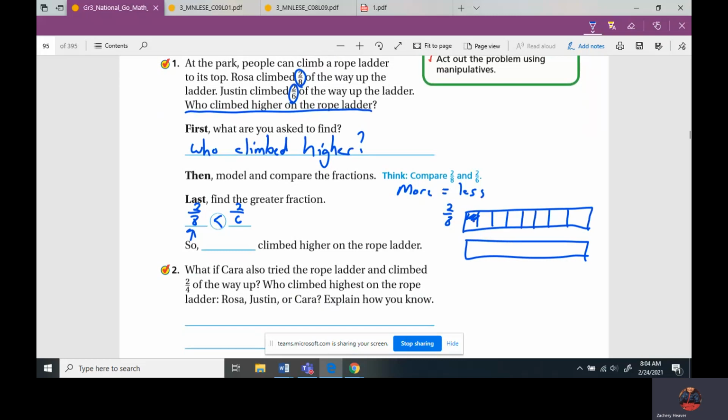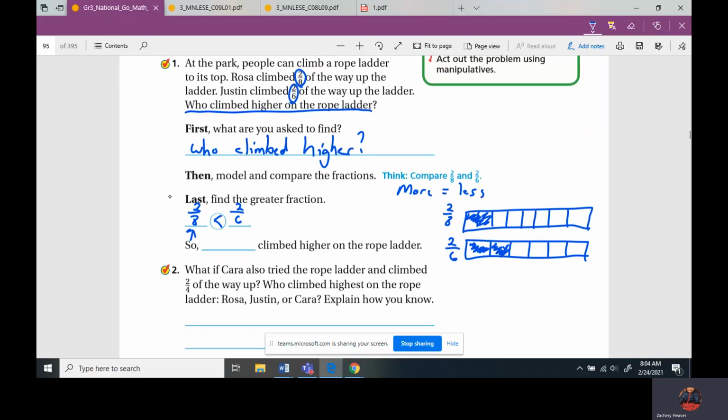And I'm going to shade in 2. Down here we have 2/6. So we have 1, 2, 3, 4, 5, 6. Now I'm going to shade in 2 of this one, 1 and 2.